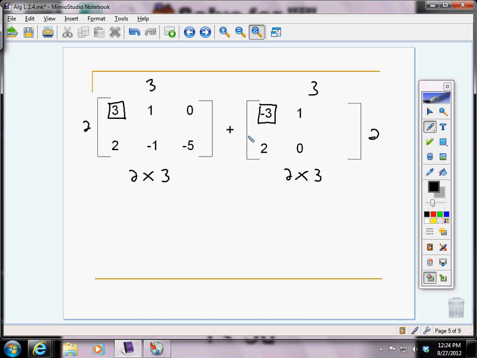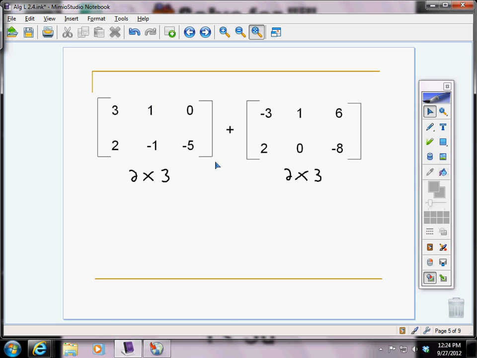So we're going to add 3 to negative 3. We're going to add 1 to 1. We're going to add 0 to, there's nothing there. That's why they have to have the same number of rows and same number of columns. It's okay if they don't, but you're just not allowed to add or subtract them if they don't.